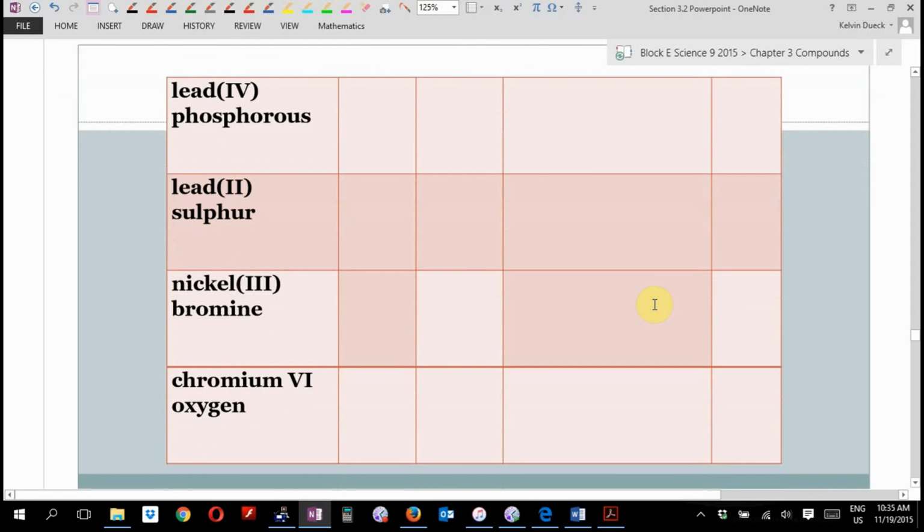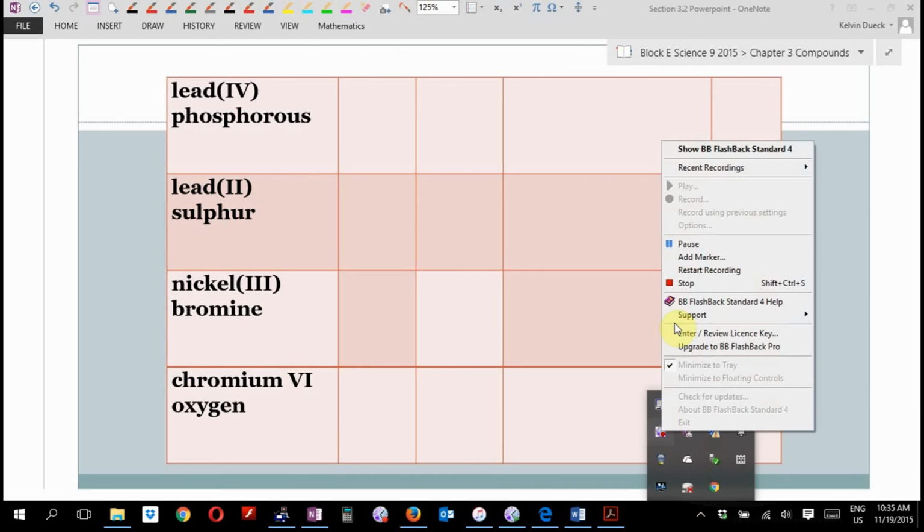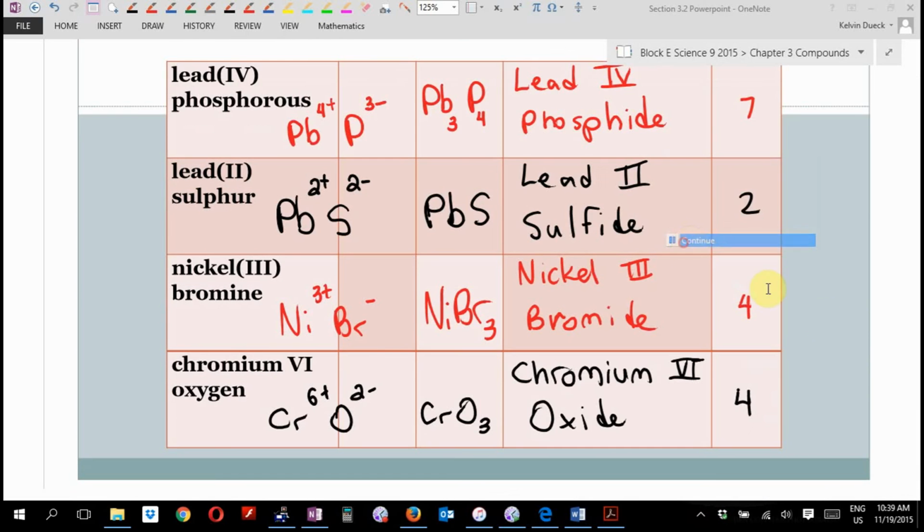So I got 4 more for you to try. I'm going to pause. I'll freeze the screen. You guys can try these 4 on your own. Is that right, what I got? Yeah. I got Pb3P4, lead 4 phosphide, 7 atoms. I got PbS, lead 2 sulfide, only needed 2 atoms, because here when I crisscrossed I was able to reduce.